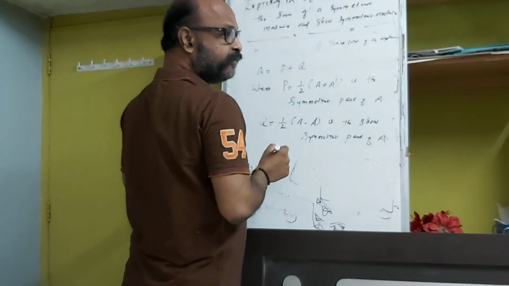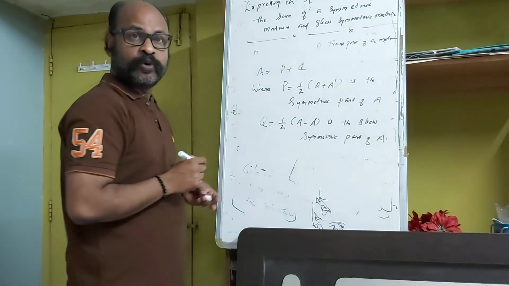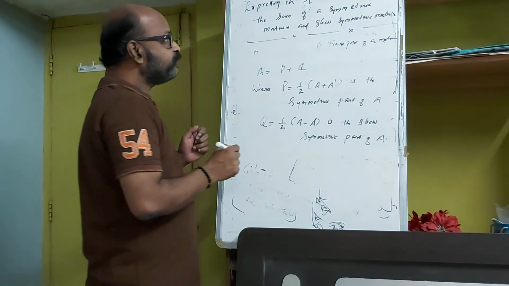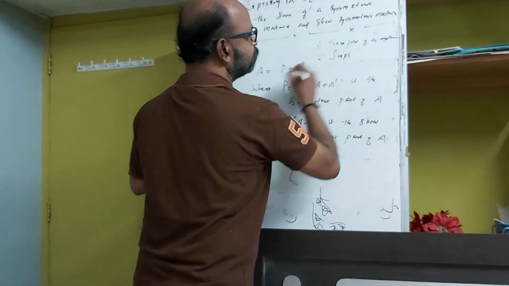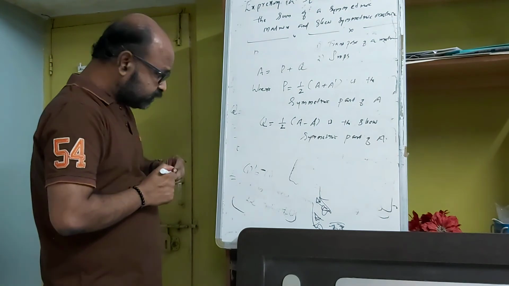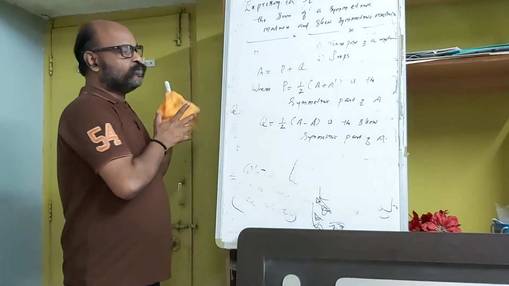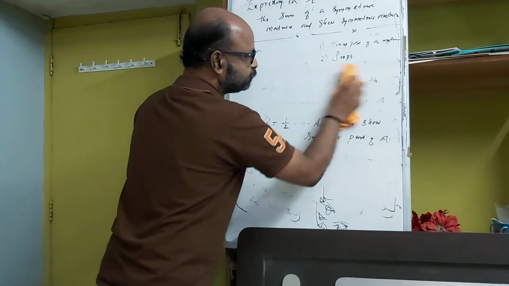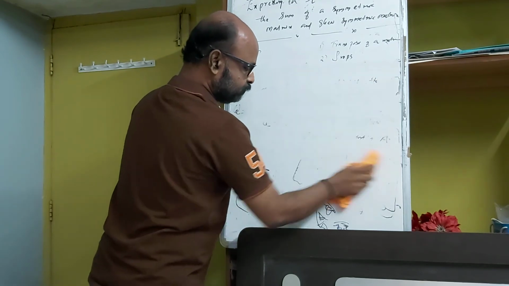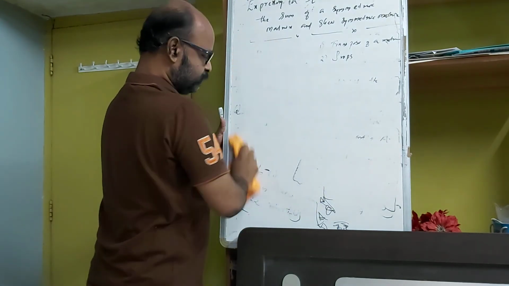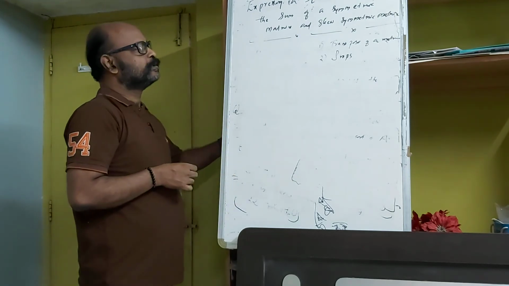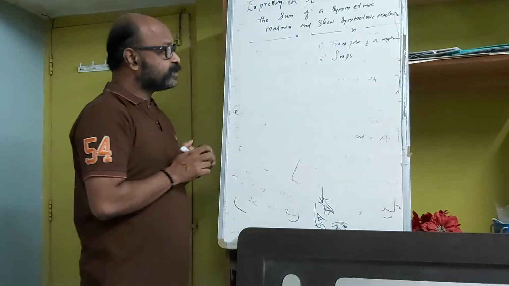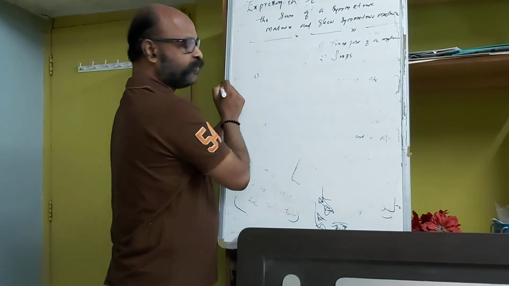Then we discussed the properties of transpose. After the properties of transposes, we discussed the two types of matrices.